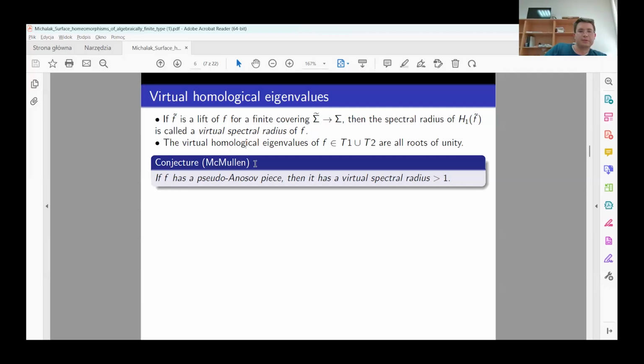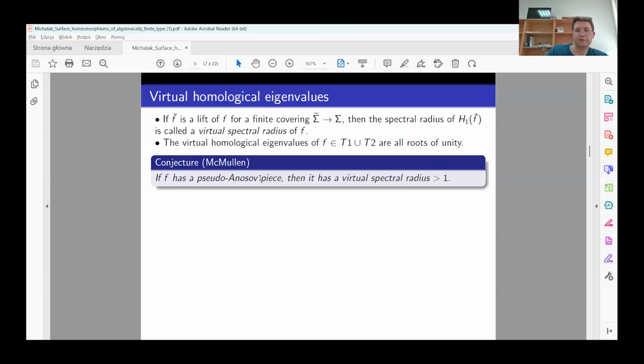So there was a big conjecture stated by Curt McMullen that if we have a pseudo-Anosov map, or a map which has at least one pseudo-Anosov piece, then the question is whether it has a virtual spectral radius bigger than one. In other words, can we detect by some lift of our mapping class whether it is of algebraically finite type or not.